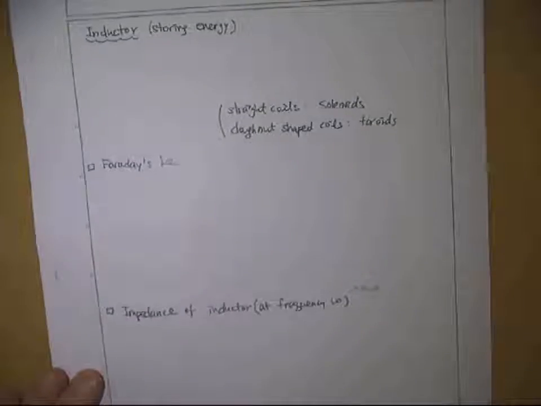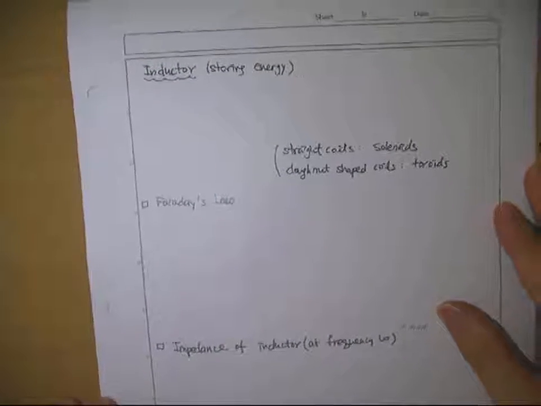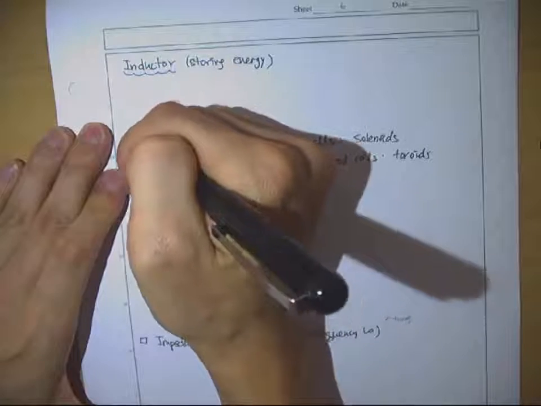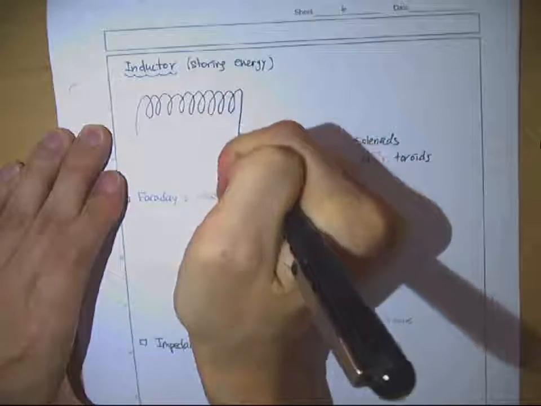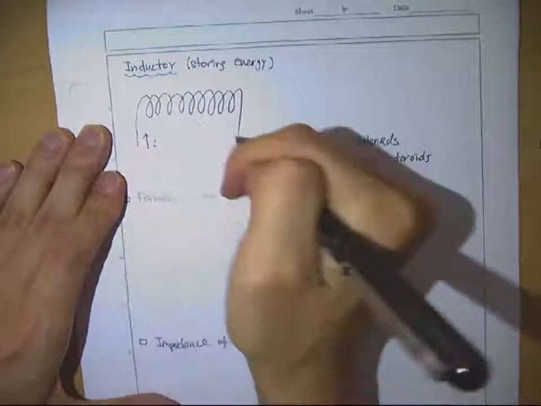Okay, so the last circuit element is the inductor. The inductor also stores energy. You can think of it as a coil that has current going in and out.